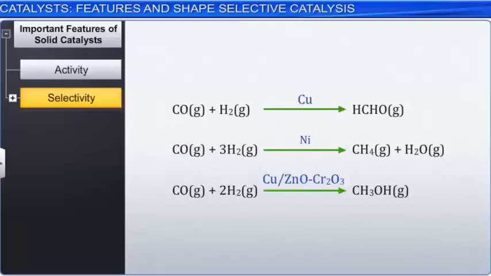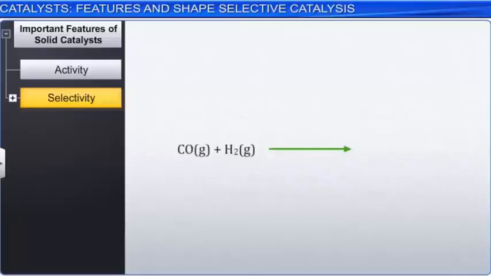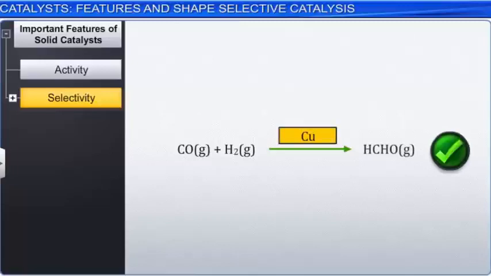It means that a substance that acts as a catalyst in one reaction may fail to catalyze other reactions. This shows that catalysts are highly selective in nature. The role of catalysts is shifting more and more towards getting better selectivity to a desired product in a chemical reaction.